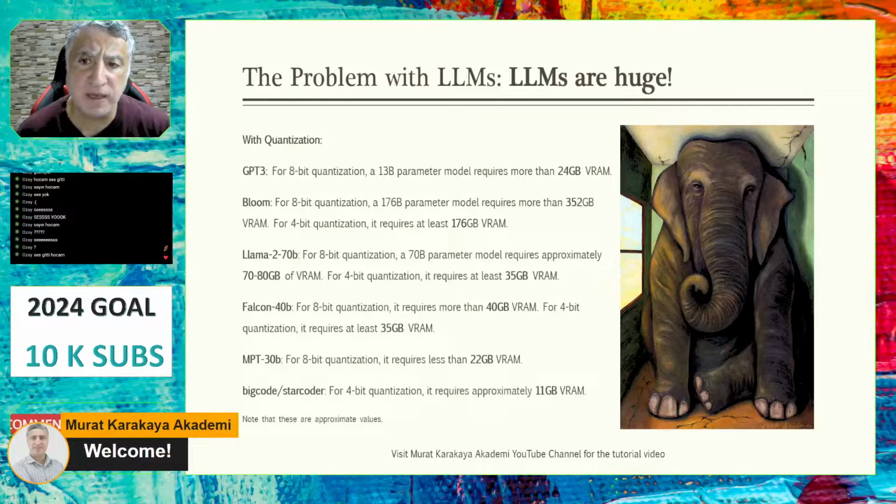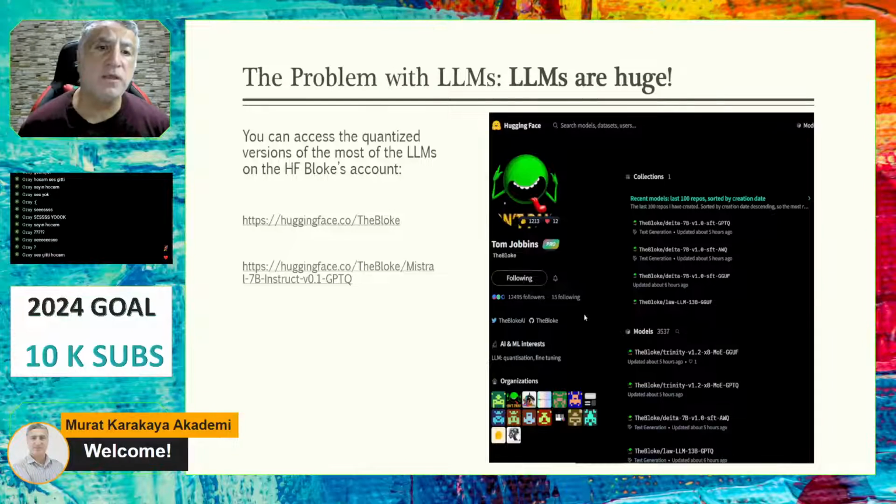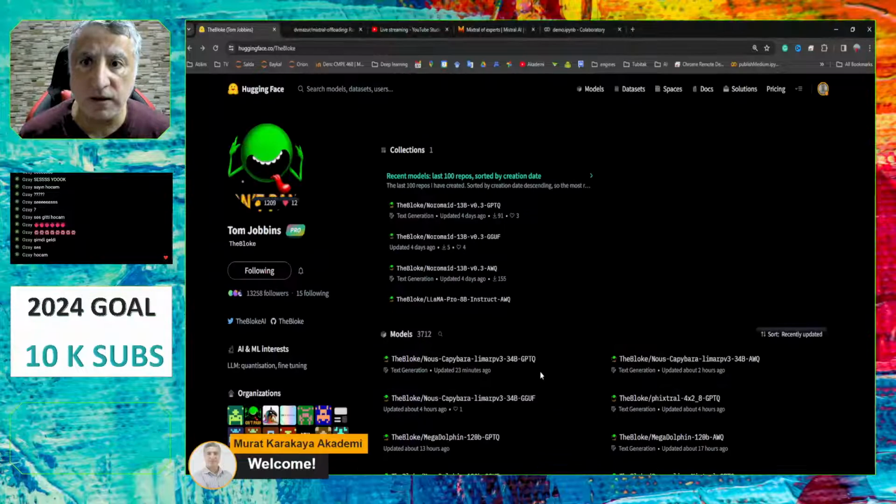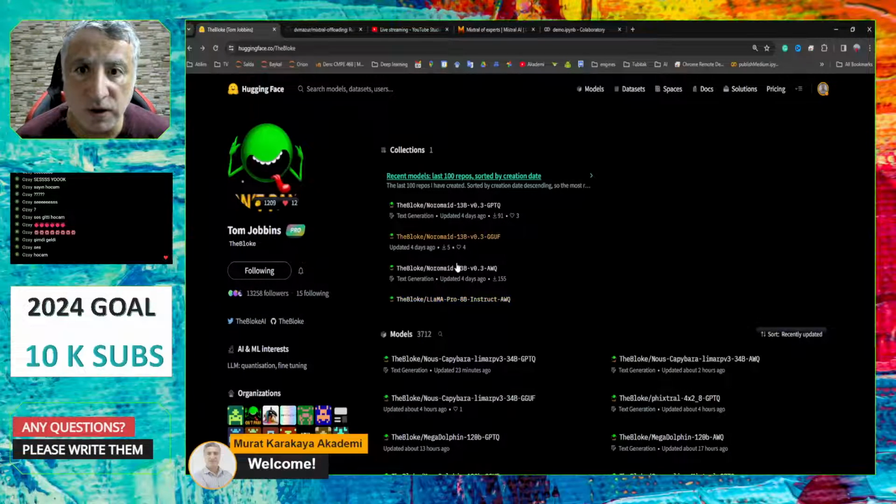There are other examples for you: GPT-3, Bloom, Llama 2, Falcon, MPT. In the community, there is a very famous person, TheBloke. Here you see the blog. On Hugging Face, TheBloke account shares the quantized version of almost every open large language model.